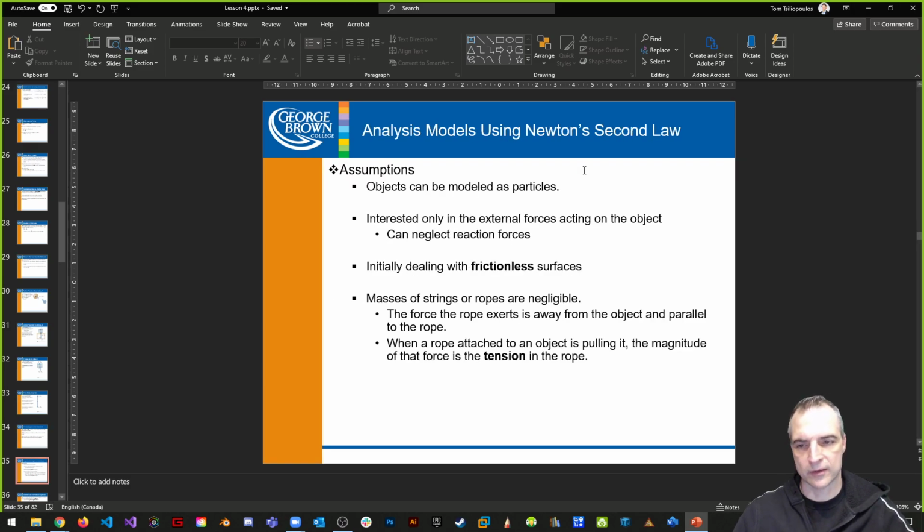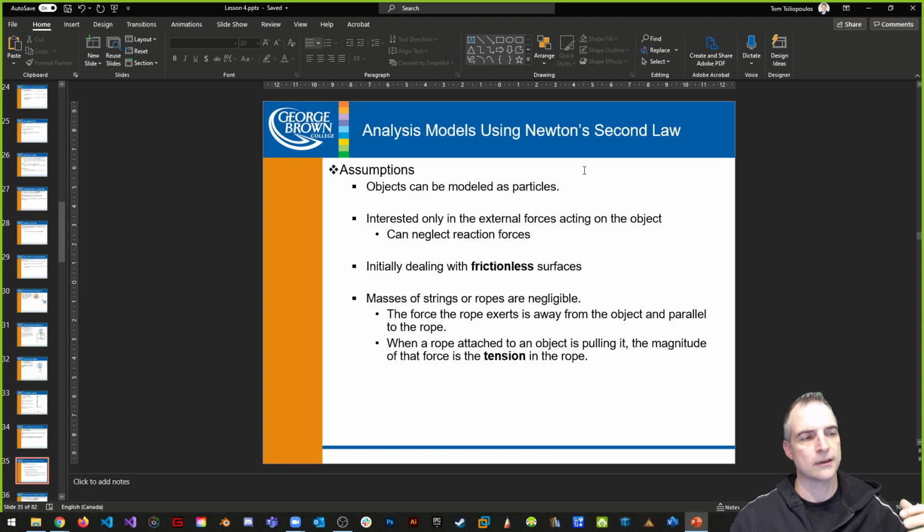When we use analysis models, unless otherwise stated, we would ideally use frictionless surfaces. Frictionless surfaces are easier to deal with because friction is an opposing force. When we think about the sum of all forces, friction acts against a force, especially when an object is resisting motion. If it's on the ground, it's resisting motion.